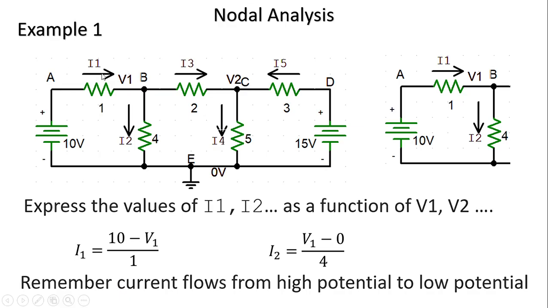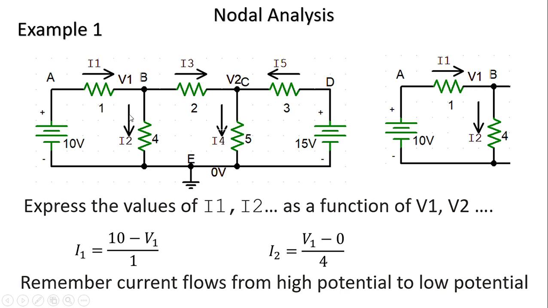Because we know I is equal to the difference in voltage by resistance value, I is equal to V by R. Coming to I2, the current is flowing from B towards E, which means B is assumed to be at high potential and E at low potential, since current flows from high potential to low potential.